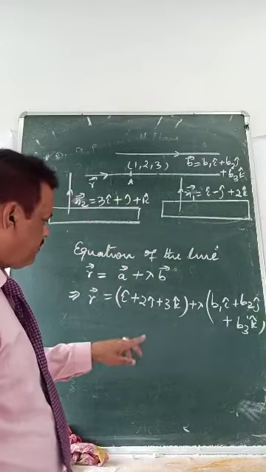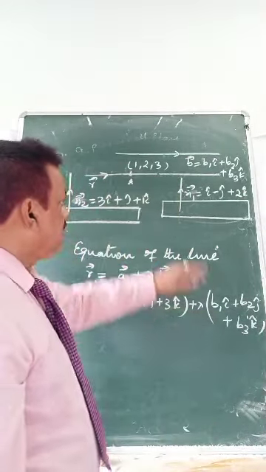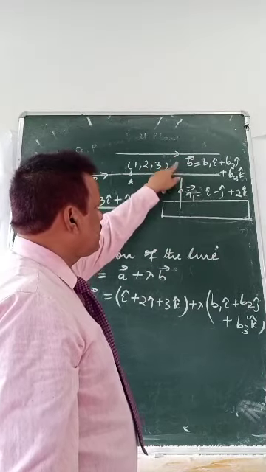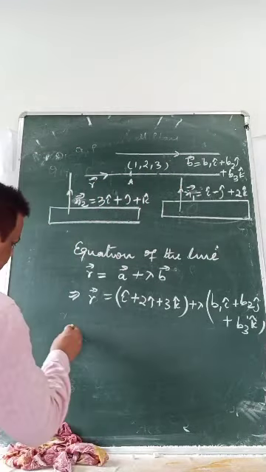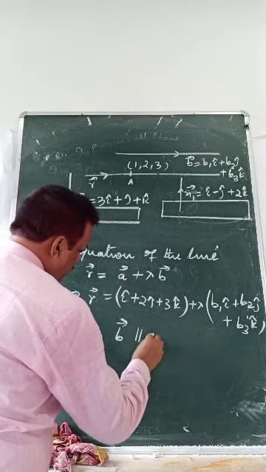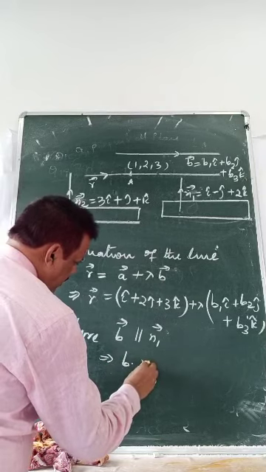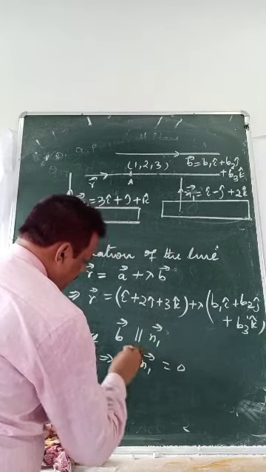Now what is the problem? We have to find b1, b2, b3. How to find? I have to compare b and n1. Here b is perpendicular to n1, so b dot n1 equals 0.